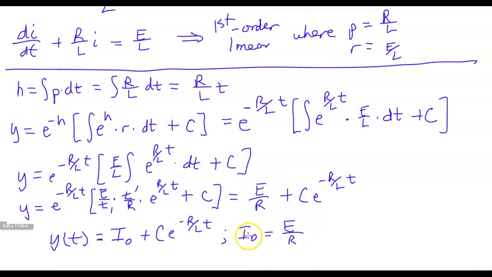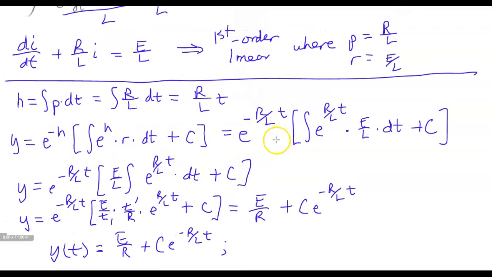So even though this is not absolutely correct, I could say that this is going to be the initial current for this particular situation, so that's why I named it I sub 0 there. Now, actually, you know what? I forgot I have this initial condition here. So let me not do that because it'll fall out the way that I want it to if I don't name it that way. So I'll just keep it as E divided by R, and you'll see what I'm talking about here.